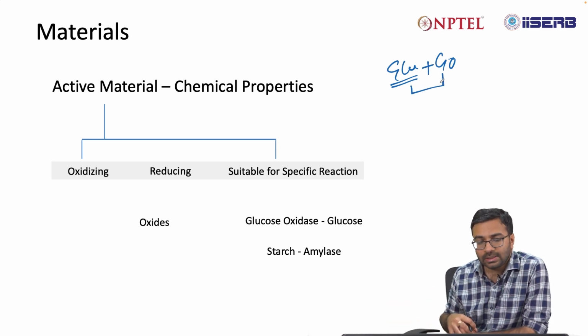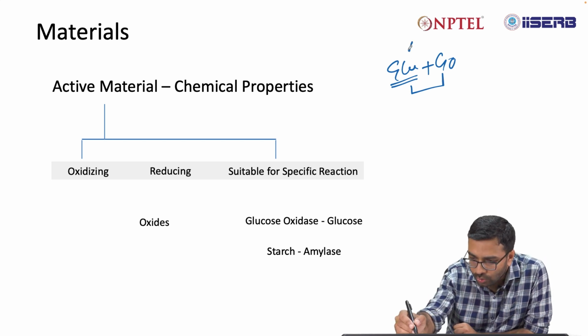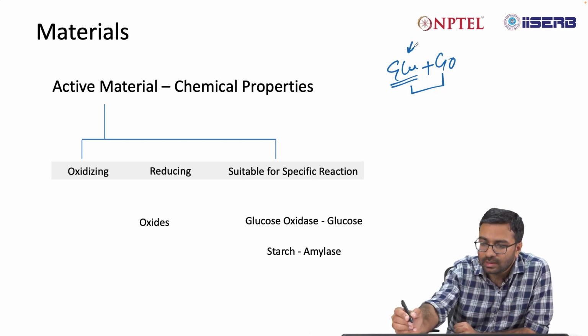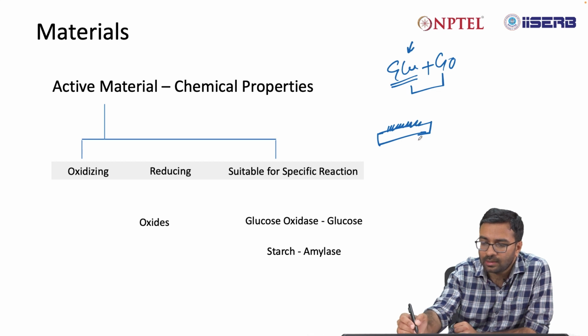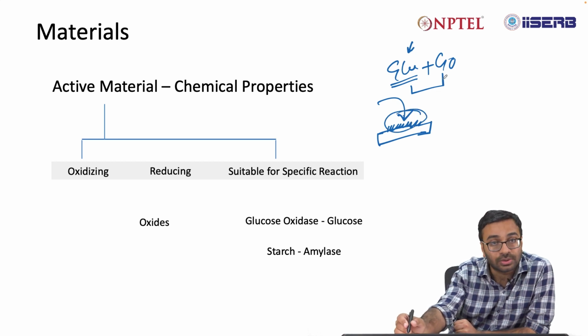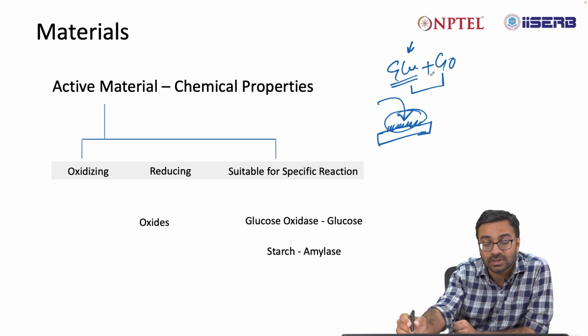So in that case, if you are detecting glucose, you make a sensor and then you functionalize glucose oxidase on that. Once you introduce glucose on top of it, they will react very specifically. Nothing else will react with glucose oxidase because this reaction is specific.